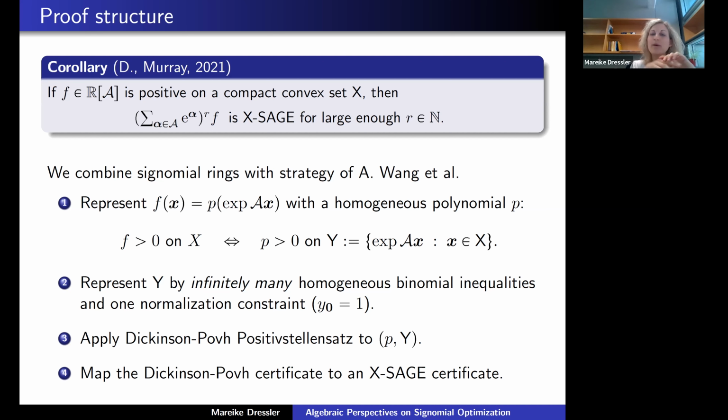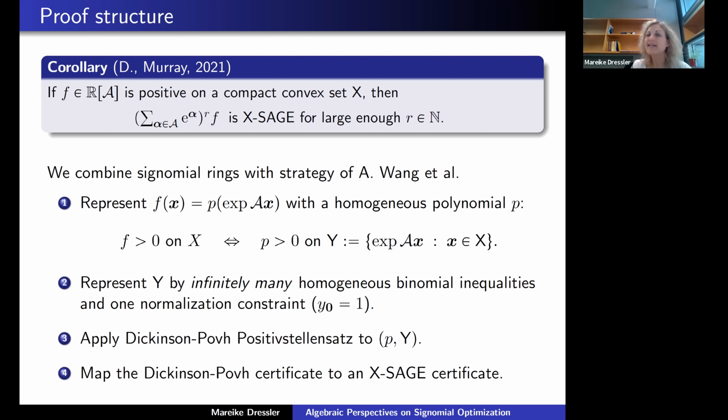We map our Signomial situation to homogeneous polynomials. So via this map here, we represent our setup, so to say, in the polynomial world.